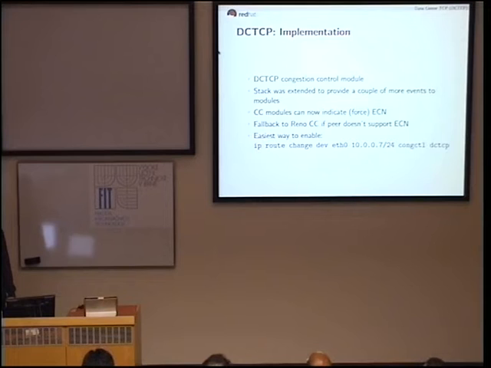The implementation in Linux is, you've guessed it, simply a congestion control module. We had to extend the core network stack slightly to provide a couple more events, particularly related to the CE marking bit, so that congestion control modules know when such an event has happened. We also introduced the ability that a congestion control module can say that it depends on ECN being available and otherwise will not work. This is why it's enough to actually configure DCTCP on a socket or a network.